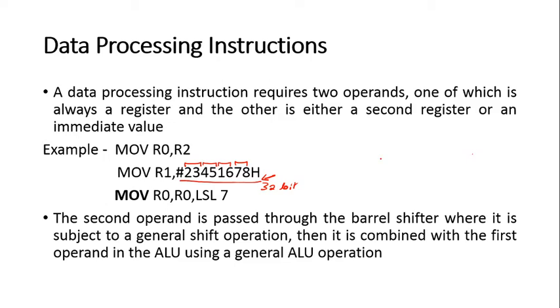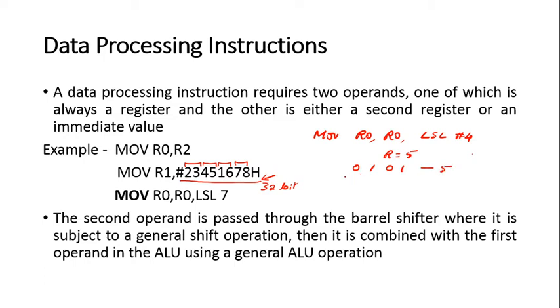So if you have MOV R0, R0, LSL #4, this is as good as multiplying this number by 2 to the power of 4. I have taken the number R0 as 5, which is 0 1 0 1. So this is 5.